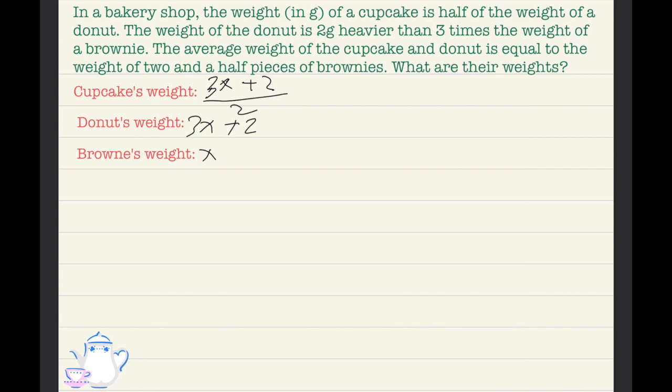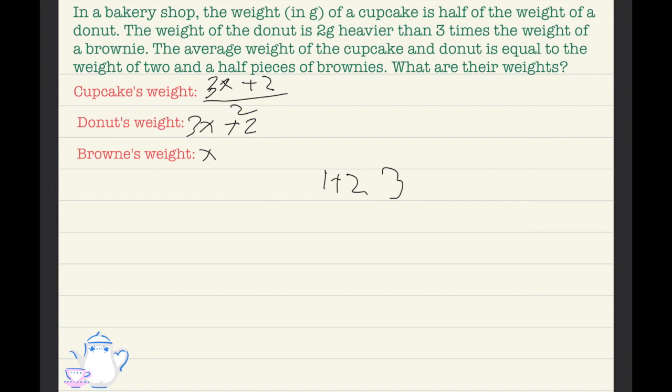It says we have to equate the average weight of the cupcake and donut to the weight of 2.5 pieces of brownies. So we have to do the average, but if you don't know what average is, imagine we got 1, 2, and 3.